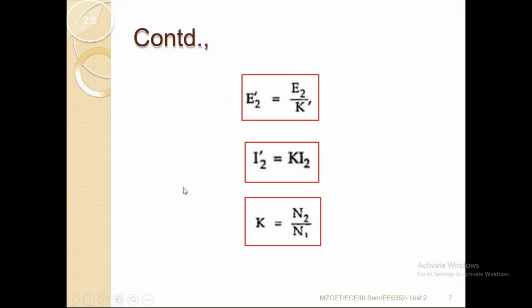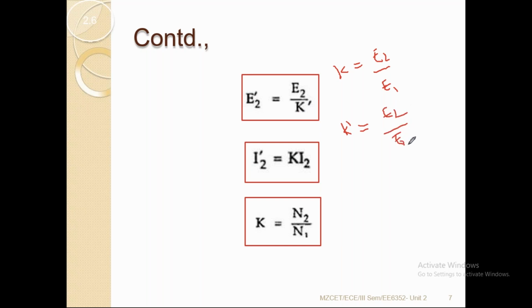Now we'll see this. See here, right? Now in this case, the relation between the voltage, that is induced EMF, and current and number of turns, you can represent like this. Okay, so what is the equation here? Generally, K is equal to E2 by E1, right? Now while transferring that value, you can represent K dash. K dash is equal to E2 divided by E2 dash.